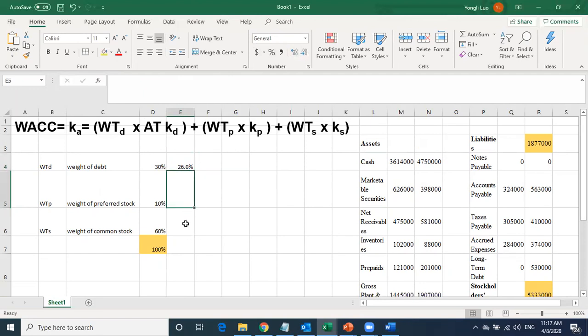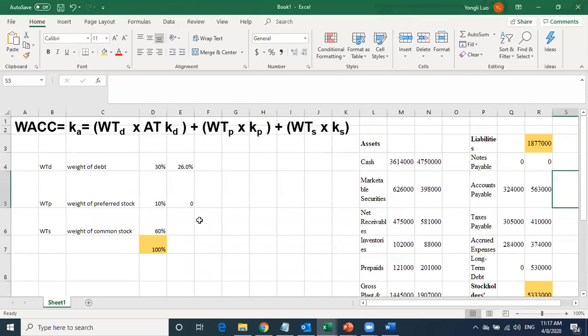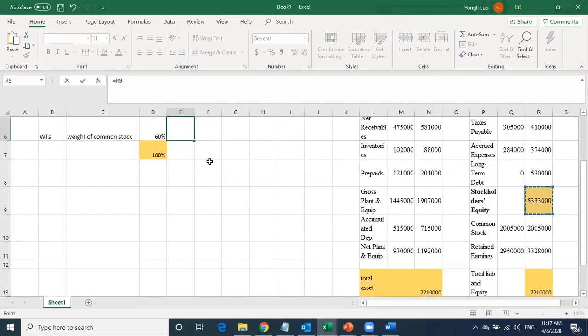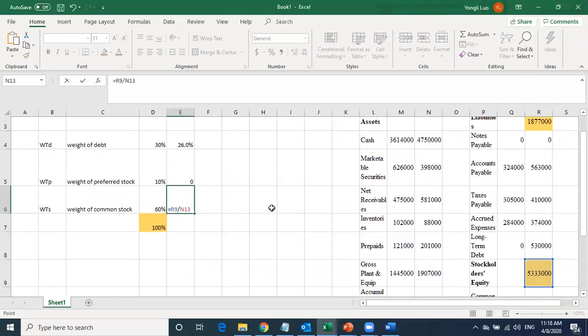What about the weight of preferred stock? You don't have any preferred stock here. If the owner's equity had preferred stock somewhere, you would use the preferred stock number divided by your total asset. So the weight of your common stock is owner's equity divided by your total asset.